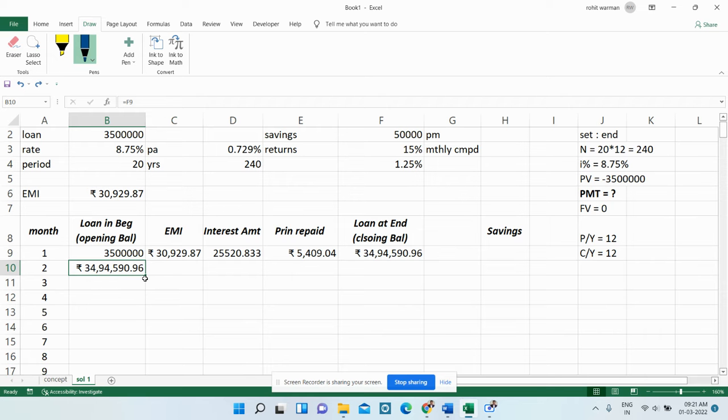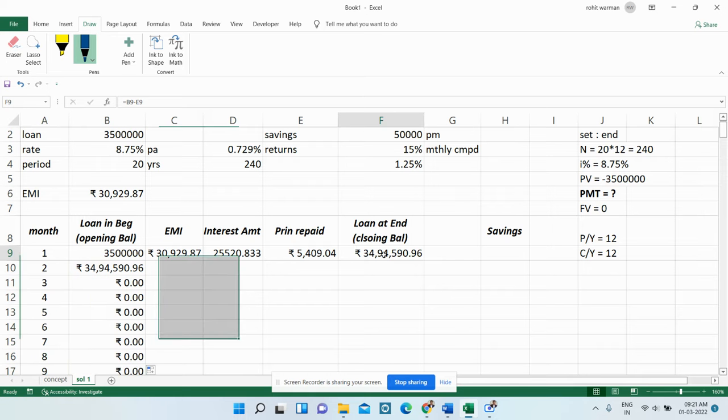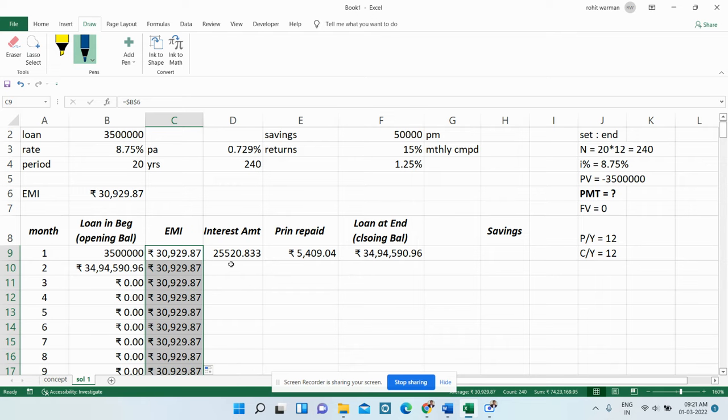So on this dot you have to take your cursor. You will see a plus sign and double click. Now no need to worry about what values you are getting, because see, it is zero because it is linked to the previous month. It's linked to the previous period, right? So no need to worry about getting zero. More important is you fill the table.